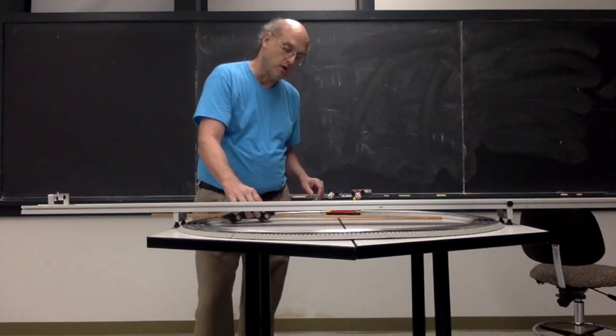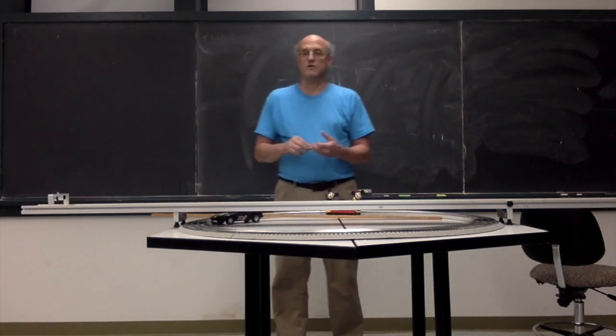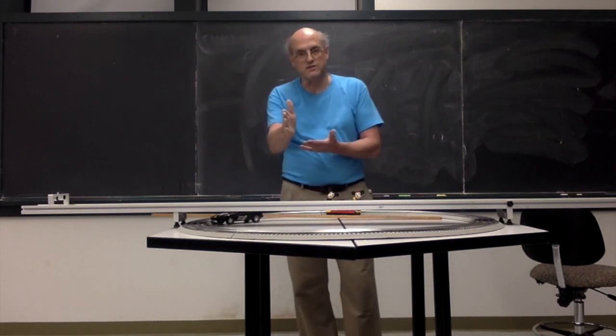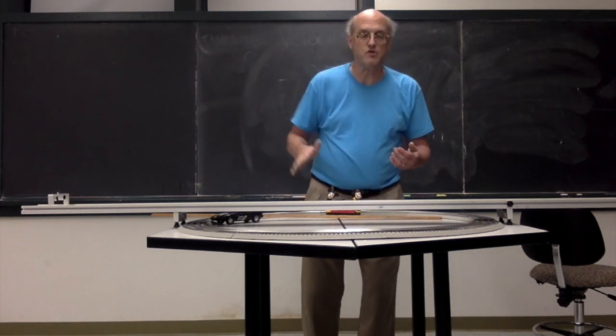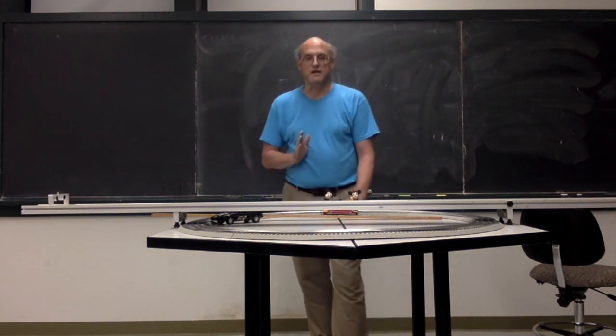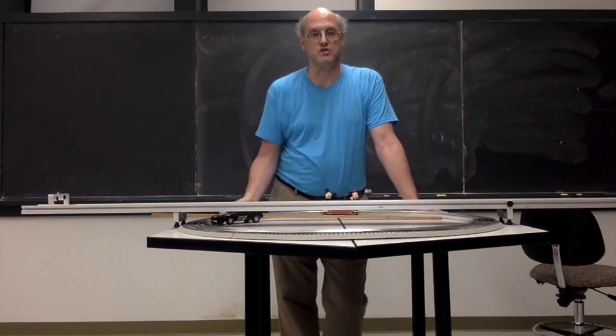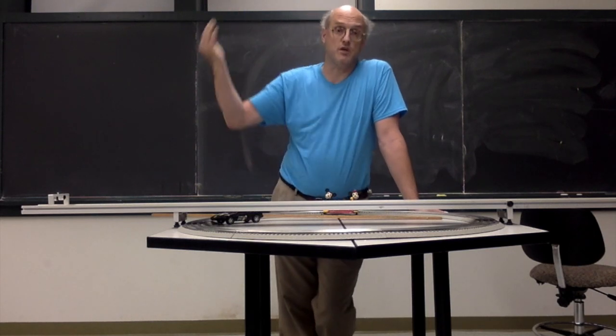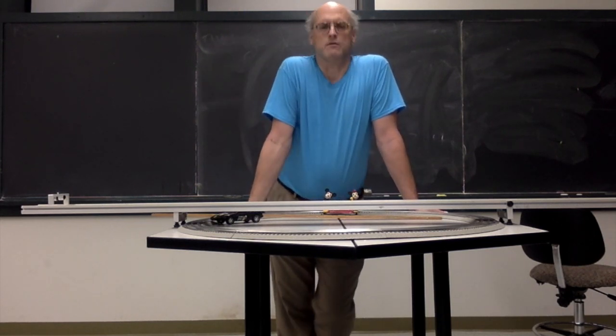Okay, so a changing velocity involves either a constant speed and changing direction, like this toy, or a constant direction and changing speed. And of course, I guess you could have both. Makes me think of a roller coaster.